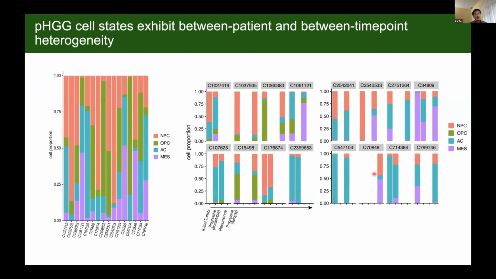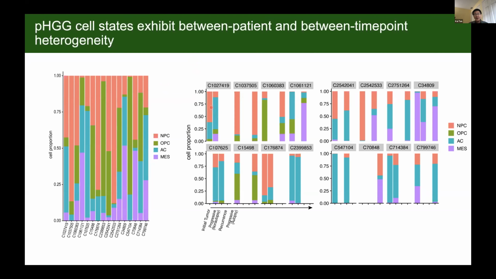Then we dig deeper into this question to look at the patient level and even at different time points within the same patient, how these cell states change. On the right, you can see again, even within the same patient, there's a large heterogeneity between the patients in terms of these cell states.